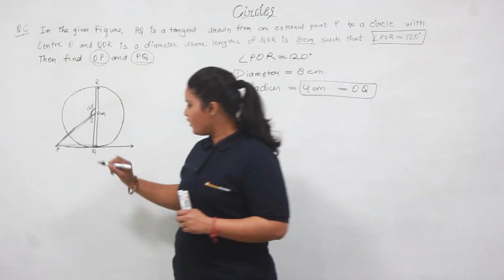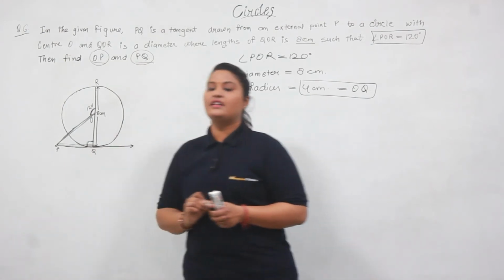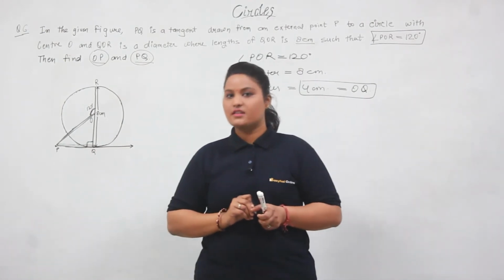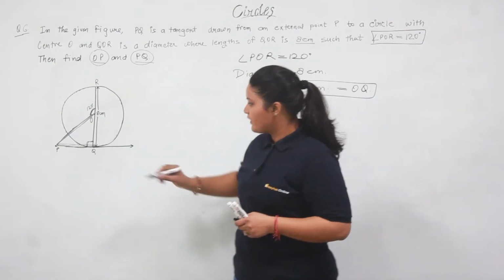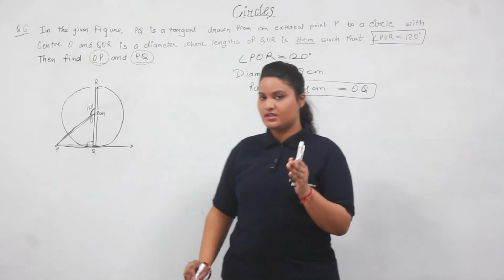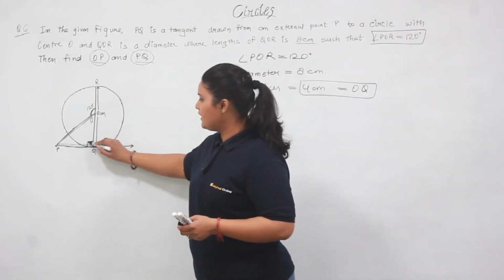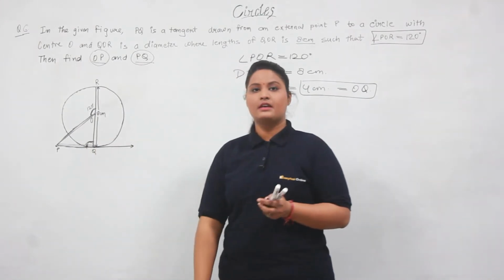Now there is a theorem in which we have learned that when there is a tangent from an external point, then the shortest distance from the center to the point where the tangent touches the circle is perpendicular to the tangent. Right?